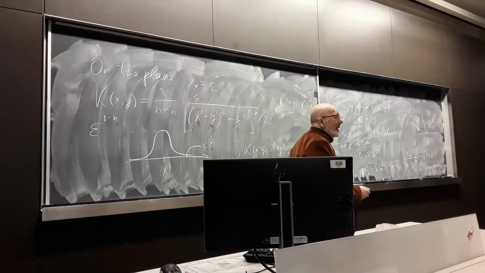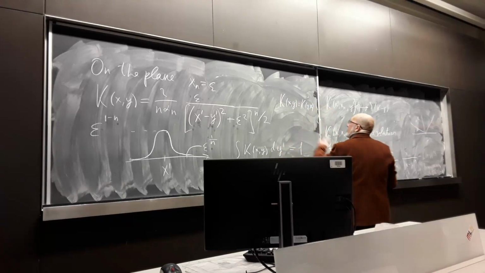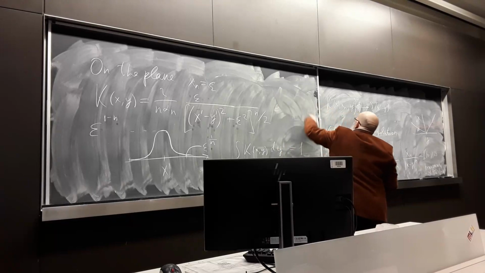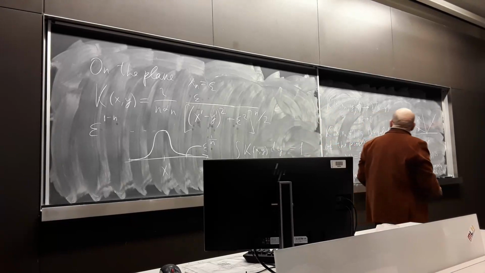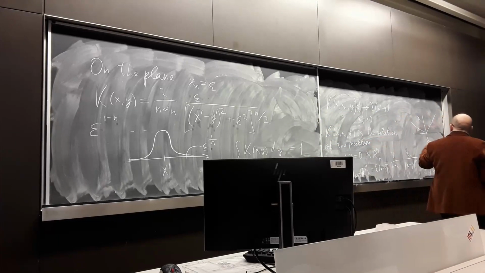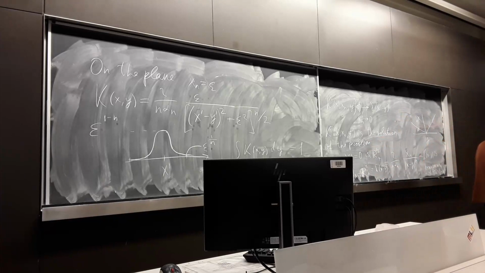We did it for G. If you take the formula for this function K, it is the normal derivative of the function of x with y as a parameter, when y is approaching the boundary.